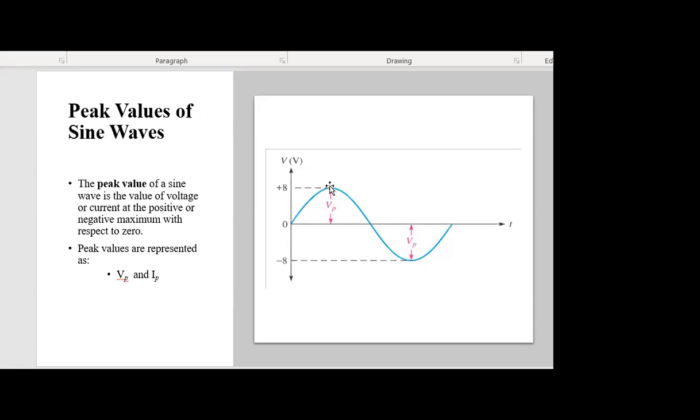So peak value is from here at the peak, or at 90 here, up to 0. So you can either get a negative peak value or a positive peak value, either for voltage or current.